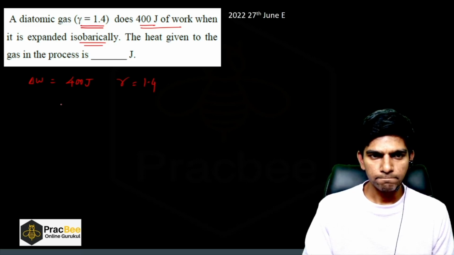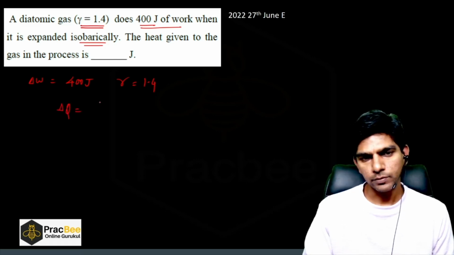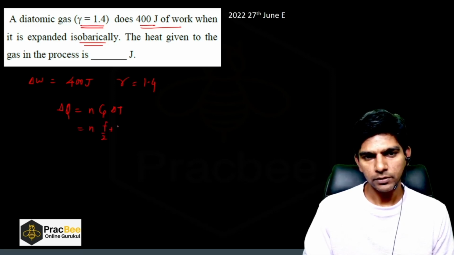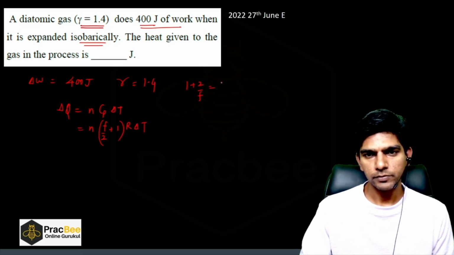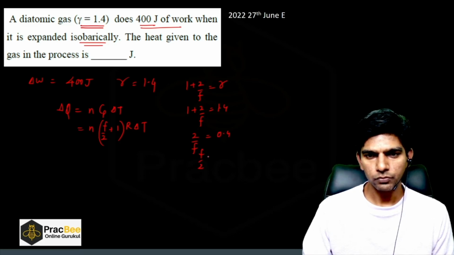We know that delta Q for an isobaric process is nCp delta T, and Cp can be written as F by 2 plus 1 times R, and we know that 1 plus 2 by F is equal to gamma. So 1 plus 2 by F is equal to 1.4, and 2 by F is 0.4, and F by 2 will be 1 upon 0.4, which is 5 by 2.